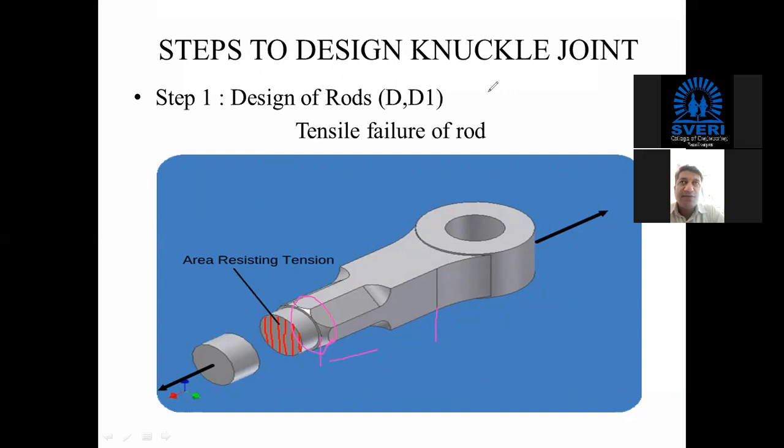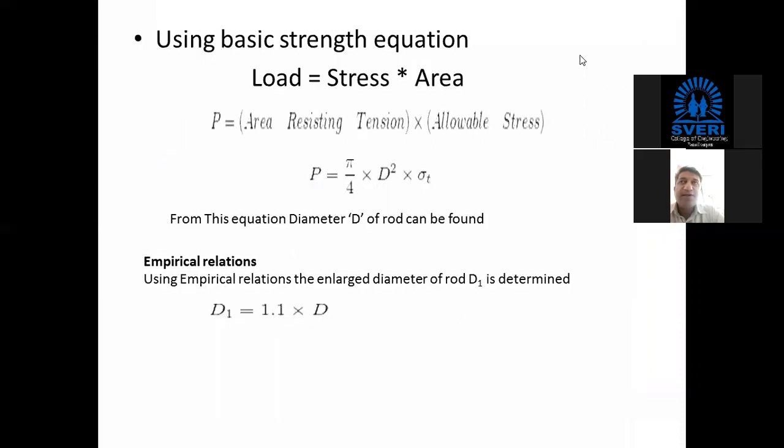So from the empirical formula, you can choose that particular value. Even if you are not satisfied with that, you can check it for the tensile failure. So D1 is calculated in this way, and you can check it for the tensile failure.